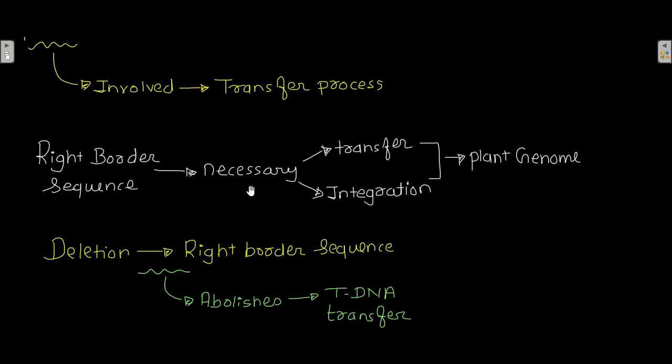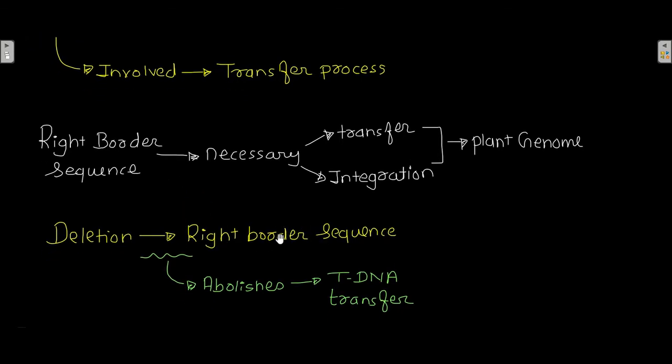Out of those, the right border sequence is very necessary for the transfer and integration of the tDNA into the plant genome. If the right border sequence is deleted, that will result in the abolition of tDNA transfer. It simply means that if the right border sequence is not there, then tDNA transfer will not take place.